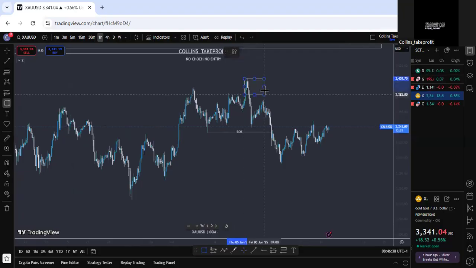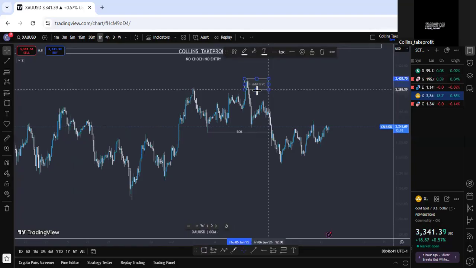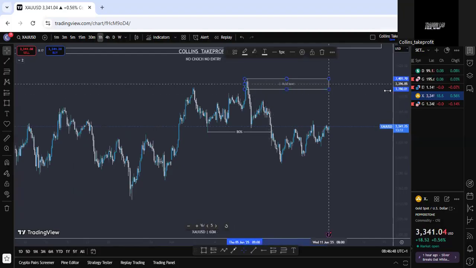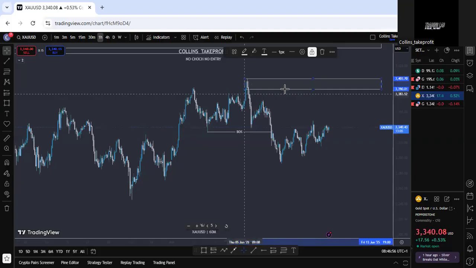And then, of course, an area of liquidity has also been created, so mark out that area of liquidity and expect price to fill up that area before reacting from our supply zone.